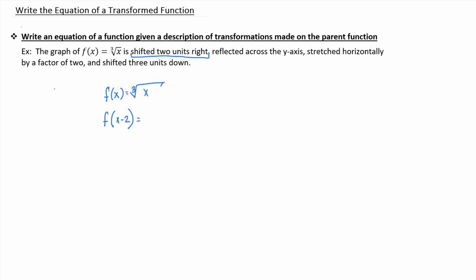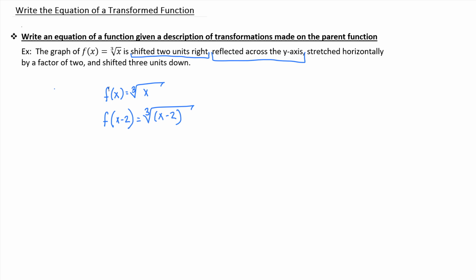And so instead of having the cube root of x, we now have the cube root of x minus 2. You don't need these parentheses, but I just want you to see that I'm replacing the x with x minus 2.